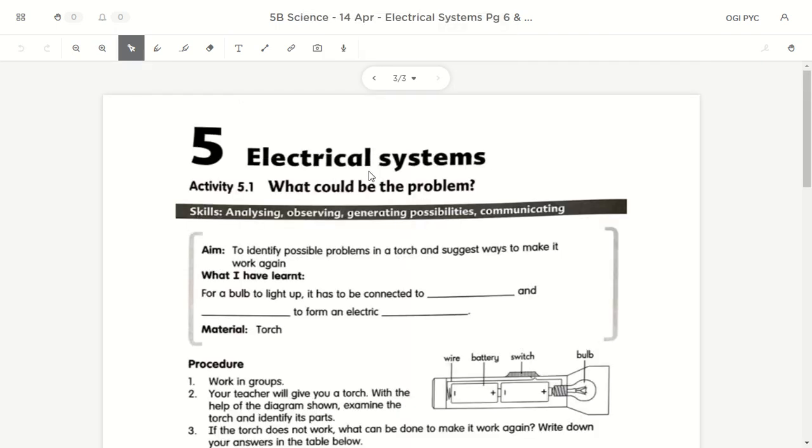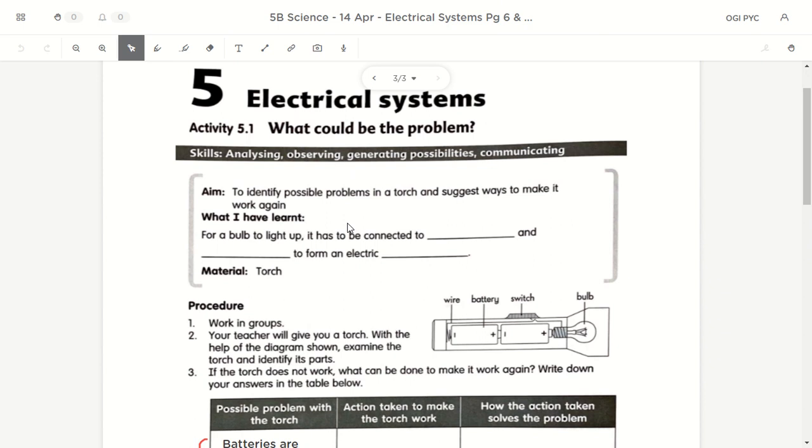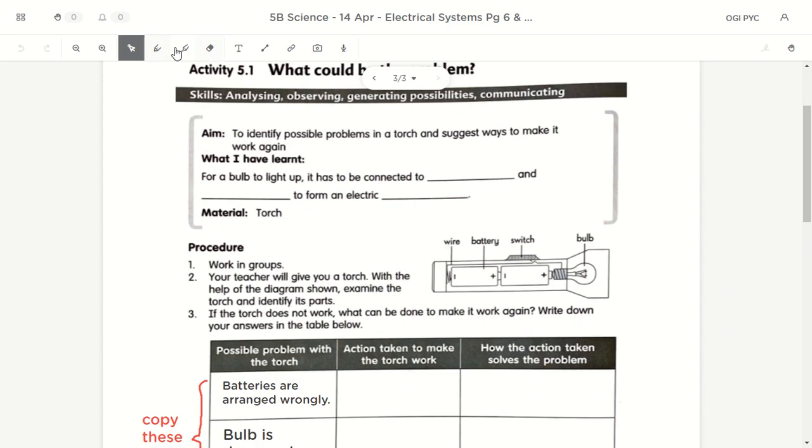All right, so electrical systems, what is the problem? Let's look at what we have learned. Let's say I want a bulb to light up. It has to be connected to the battery, because you need the energy source. And the switch.